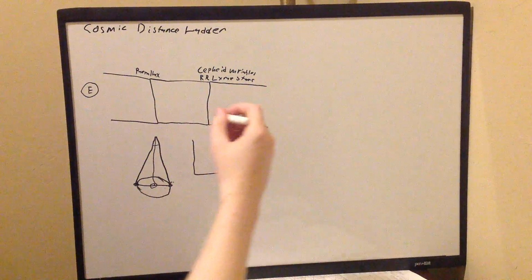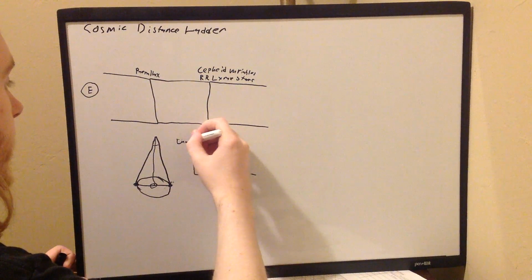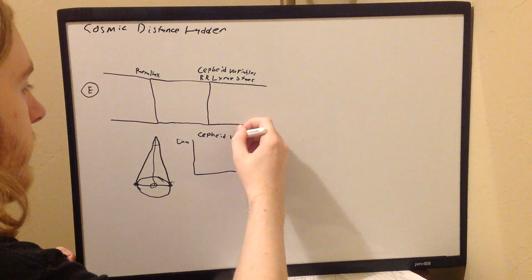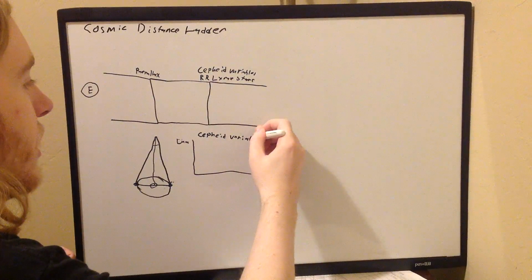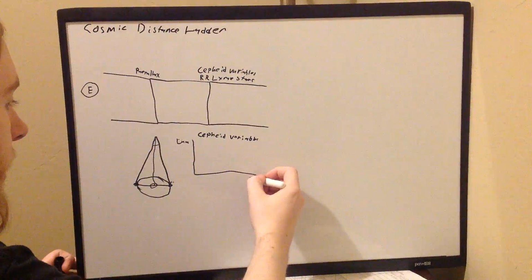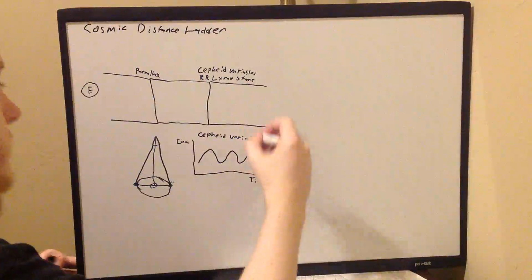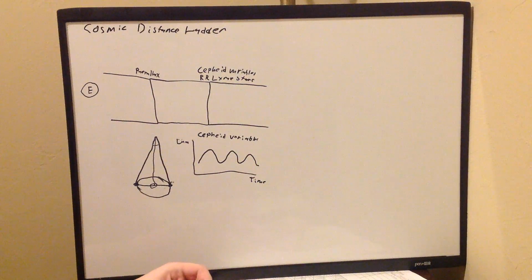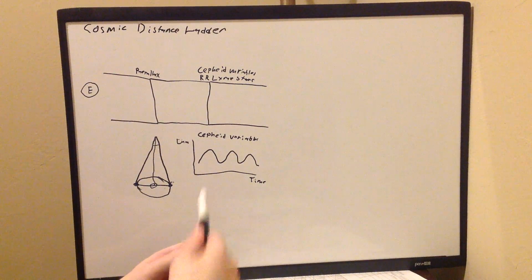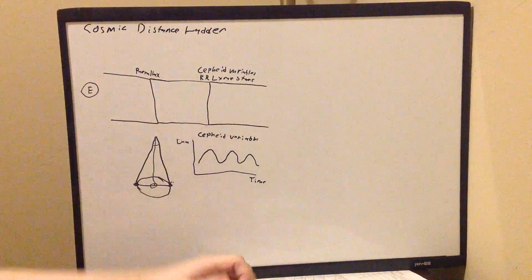Cepheid variables are stars whose brightness, whose luminosity, changes over time in a consistent, very mathematically predictable way. Something like this. And the cool thing about it is that their brightness, like their temperature and stuff, affects the period, the rate at which their luminosity goes up and down in time.